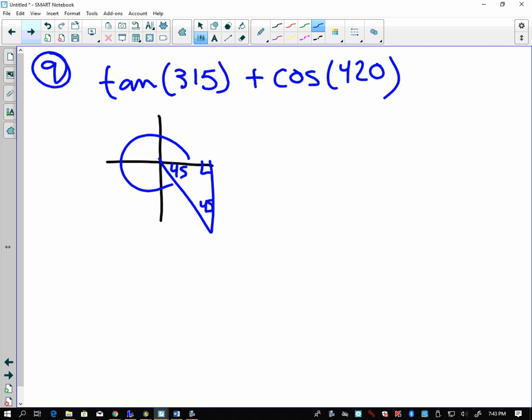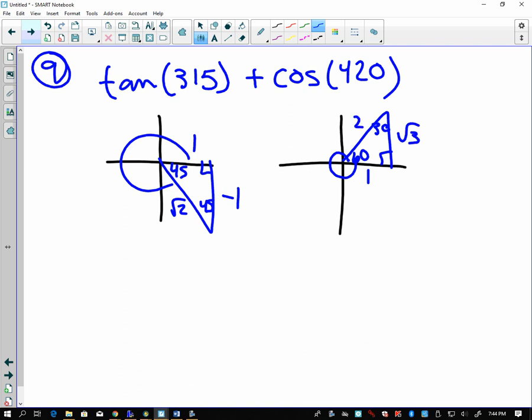So this is going to be 1, negative 1, radical 2. Over here, 420 degrees. I'm going to take 420, subtract 360, to find out how far past it goes. It goes 60 degrees past, so 30, 60, 90, 1, radical 3, and 2.